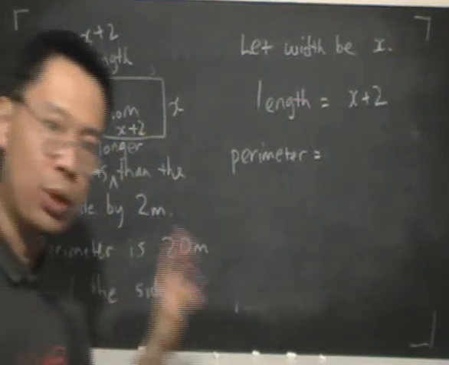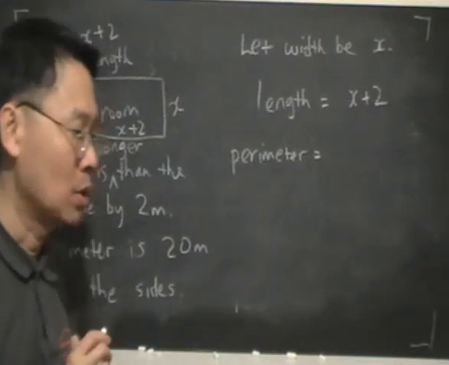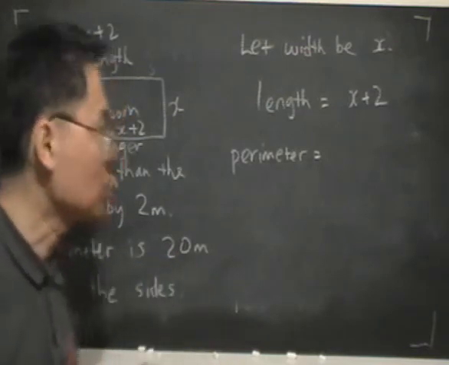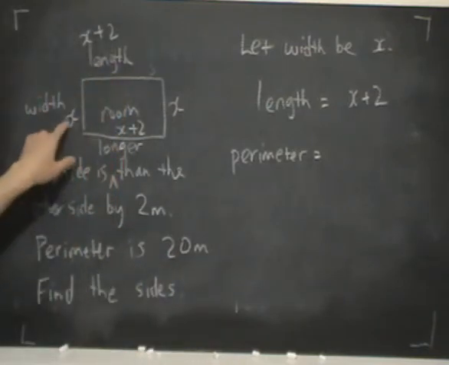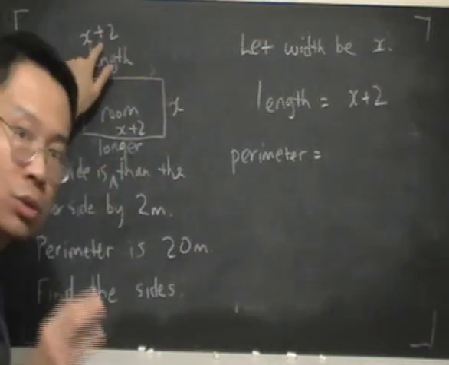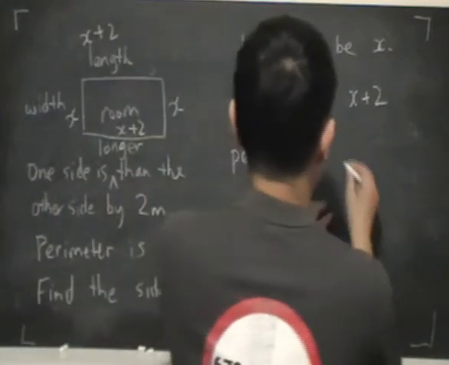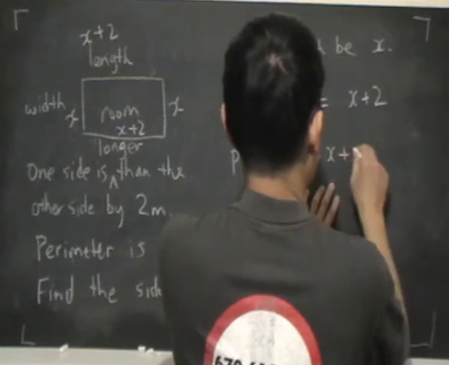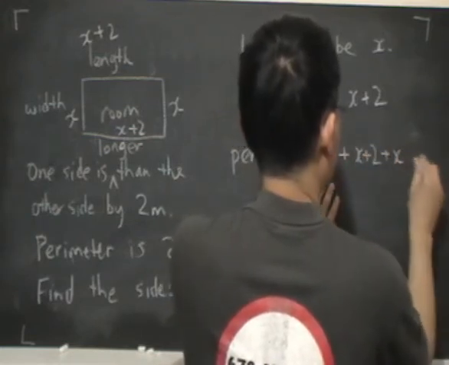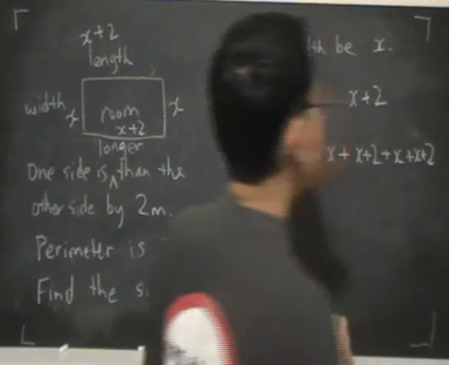So the perimeter can be written using x, or as we say in algebra, written in terms of x. If we add all these together, we add x plus 2 plus x plus 2.